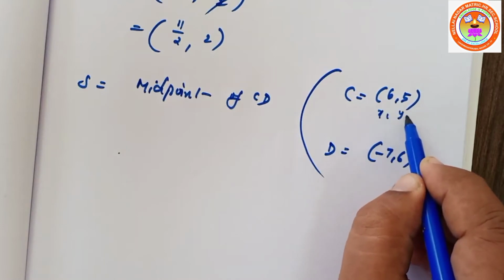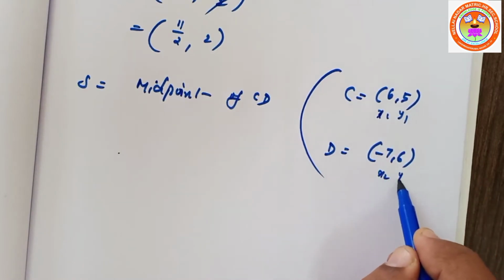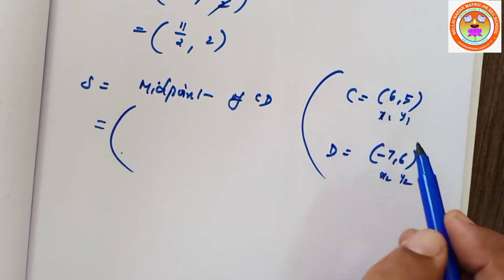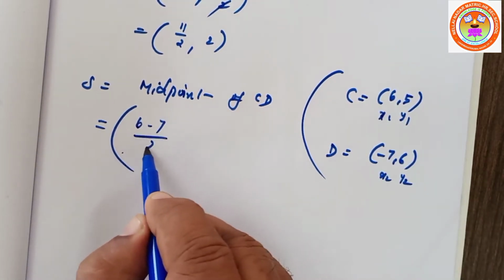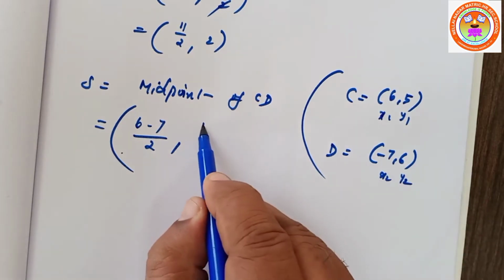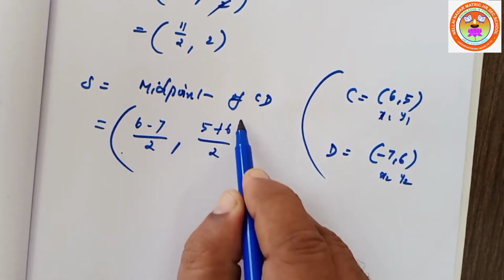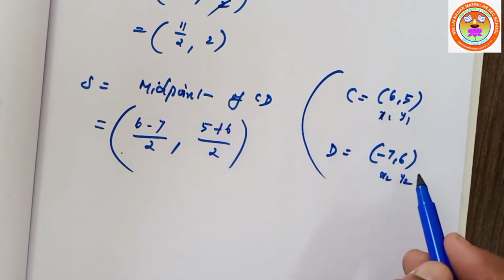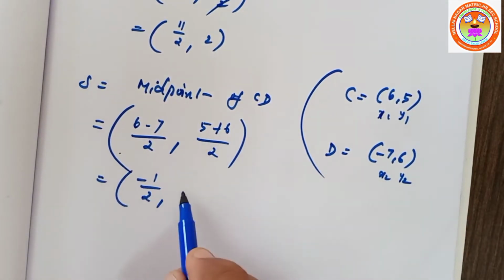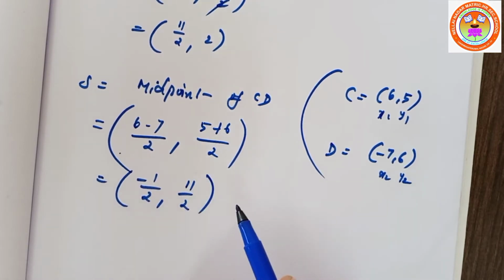Consider as x1 y1 and x2 y2. Formula: x1 plus x2 by 2, 6 minus 7 by 2, and y1 plus y2 by 2, that is 5 plus 6 by 2. 6 minus 7 is minus 1 by 2. 5 plus 6 is 11 by 2.